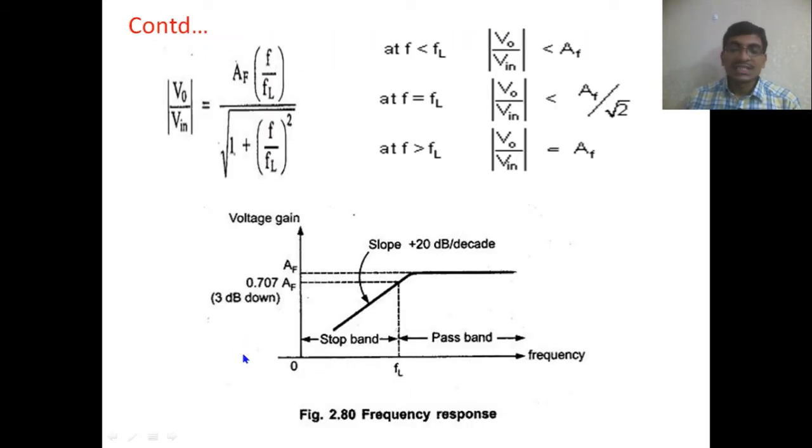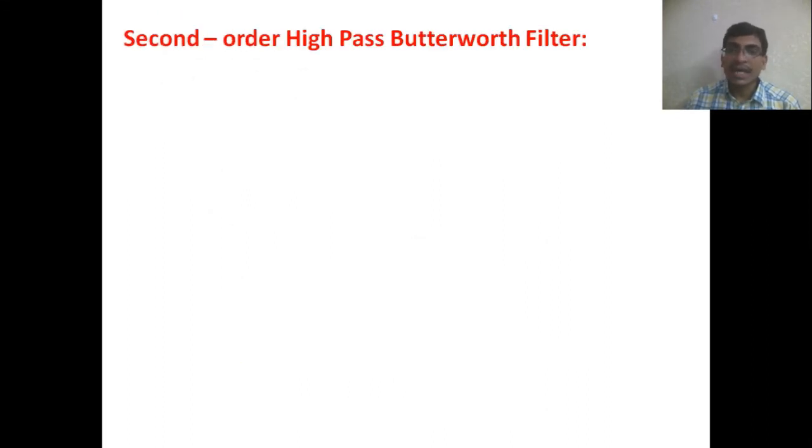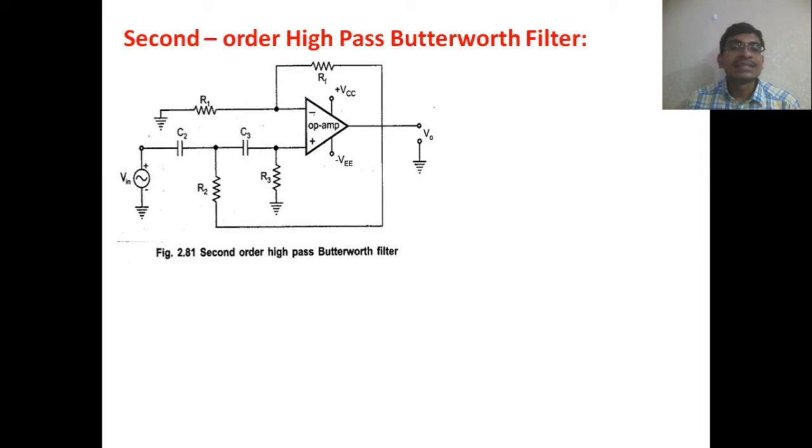So this is about the first order high pass Butterworth filter, and if you go for the second order high pass Butterworth filter, this is a circuit for the second order high pass Butterworth filter. So why it is called a second order? Because we are using two sets of R and C elements here, C2 R2 and C3 R3 are the two sections of high pass filters.